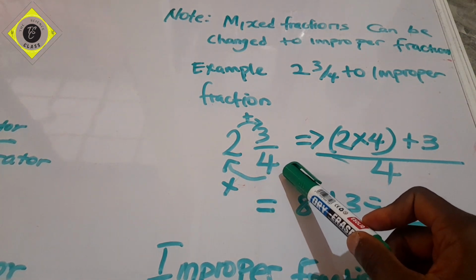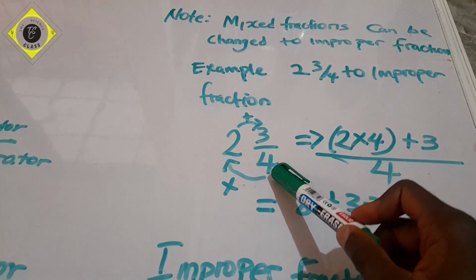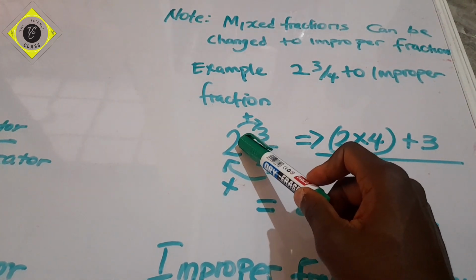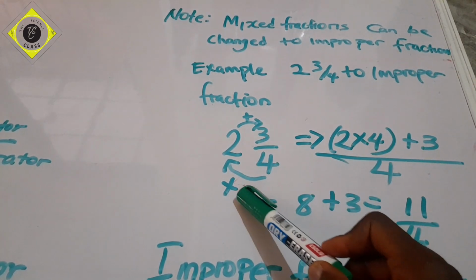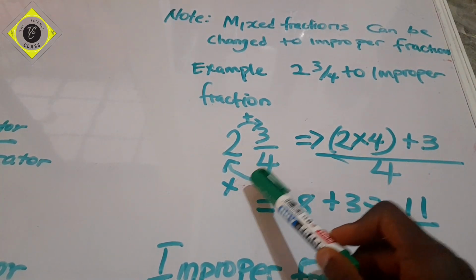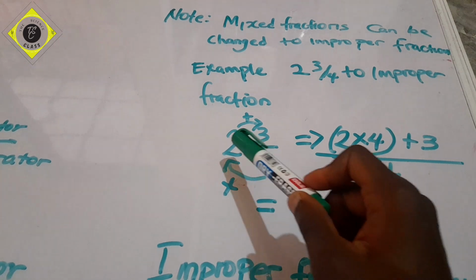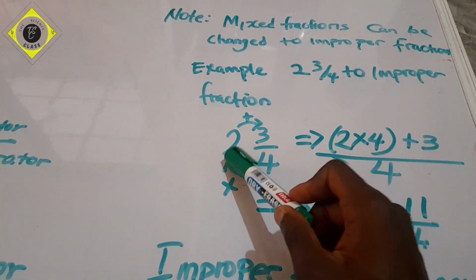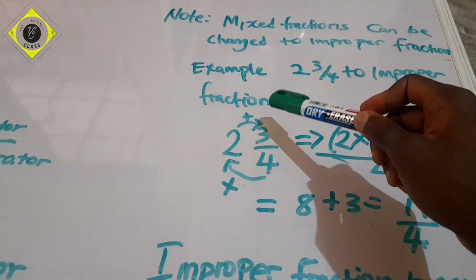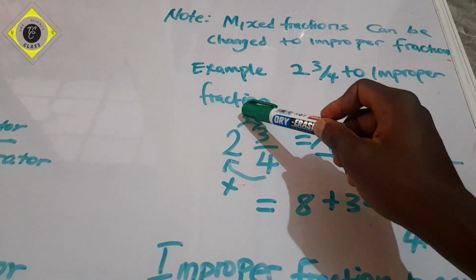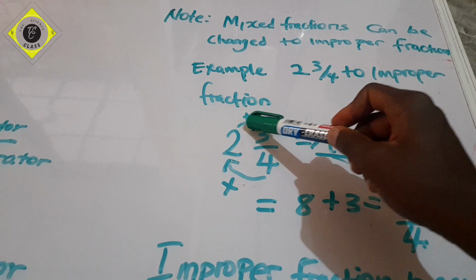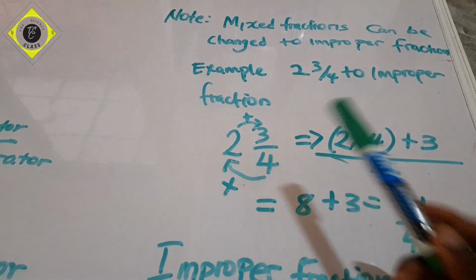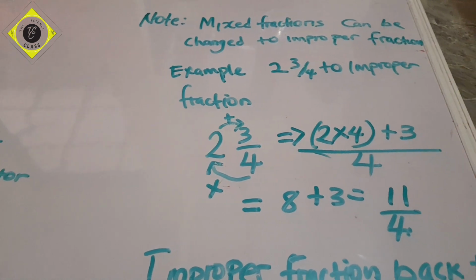You multiply this 4, which is the denominator, by this 2, the whole number. Can you see here, I put multiplication. That means 4 times 2 is a multiplication. Then whatever you get by multiplying 4 by 2, you add 3 to it. This plus sign shows you that you add whatever you get by multiplying this and this.